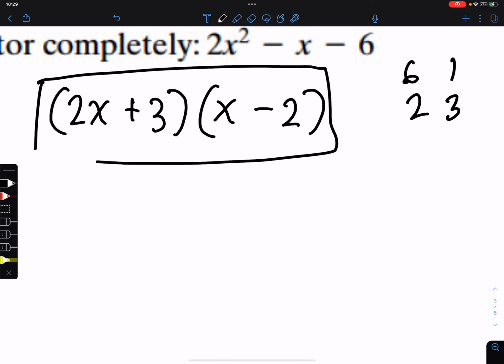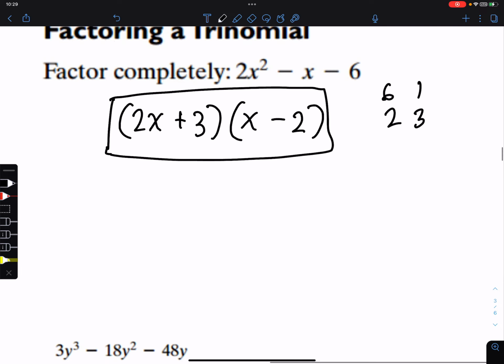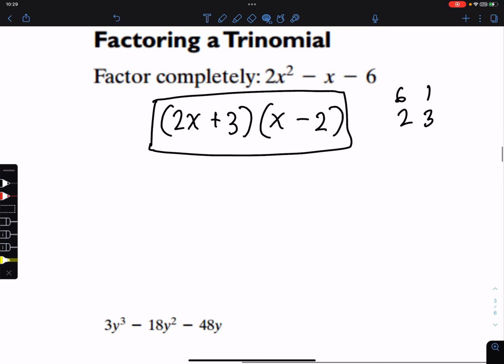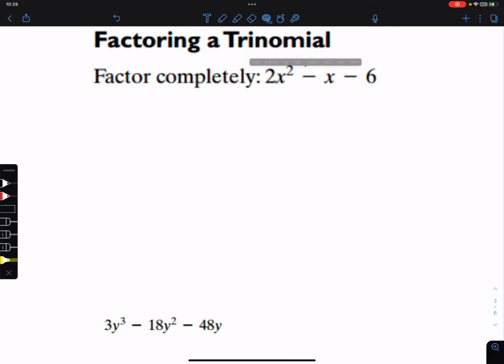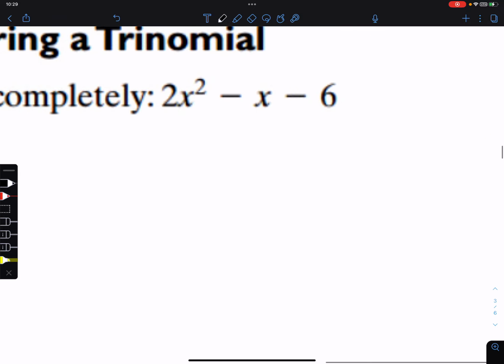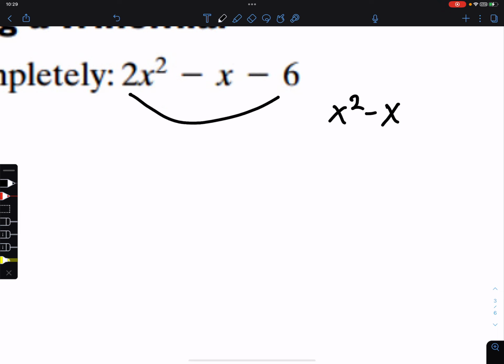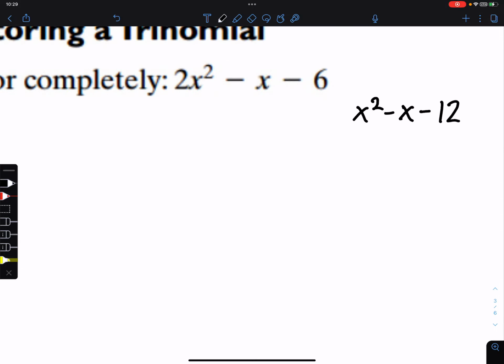If this is too hard for you, I'll give you guys a trick, okay? What you would do on the side is you would look at this equation. You would multiply your a value times your c value, okay? So x squared minus x minus 12.